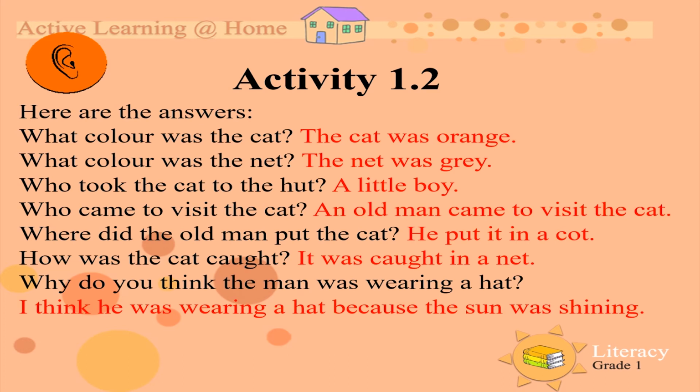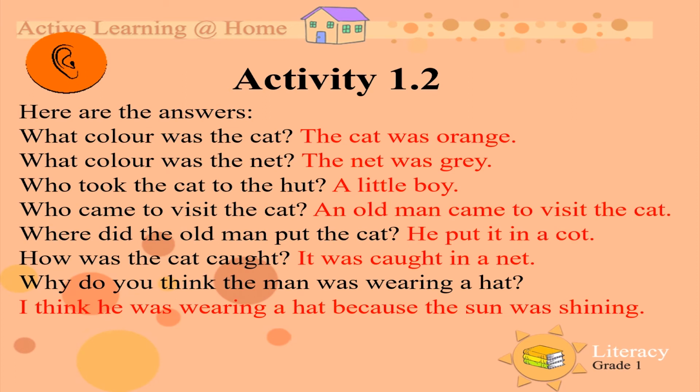What color was the cat? The cat was orange. You mustn't say just orange, you must say it in a full sentence. So part of the question was, what color was the cat? The cat was orange. What color was the net? The net was grey.